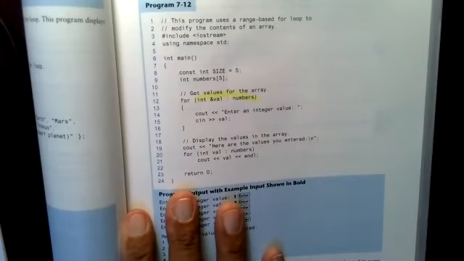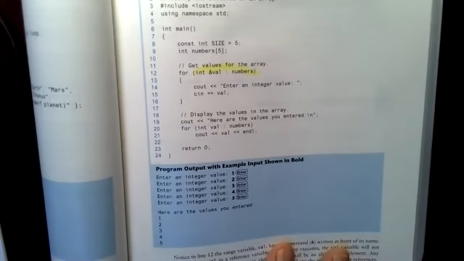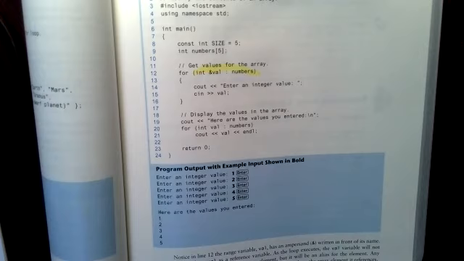This program uses a range-based for loop to modify the contents of the array. Give it to me in a different wording. Dumb it down for me. A lot of times I need people to dumb it down. What's going on in line 12? It's a loop, but what's happening?